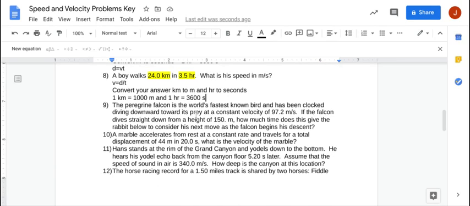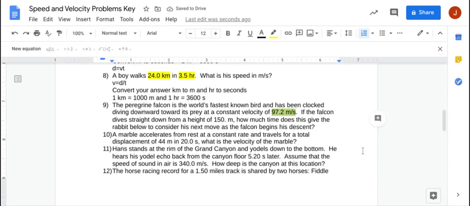Number 9. This is one that I did in class. It's also in the video that I posted. Peregrine falcon is the world's fastest known bird and has been clocked diving downward toward its prey at a constant velocity of 97.2 meters per second. So that's our velocity. Let's highlight that.